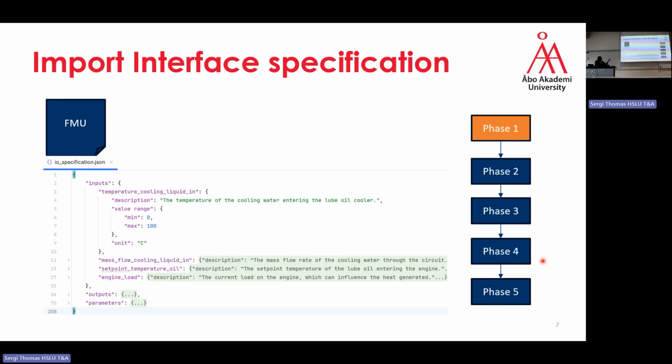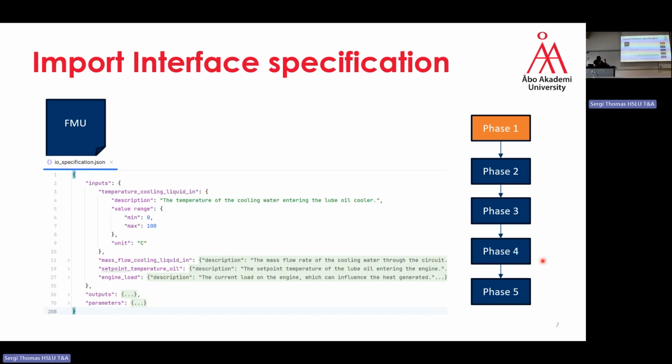The outputs and the parameters are defined in the FMU. The FMU as a package has the model description XML file as well. All this information is extracted from the model description XML file when the tool takes the FMU as the input, and it generates a JSON file with the input-output specifications.